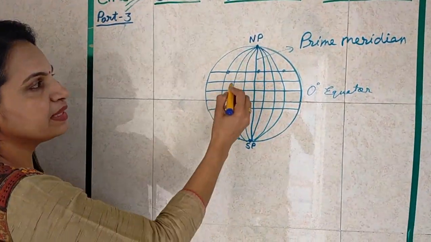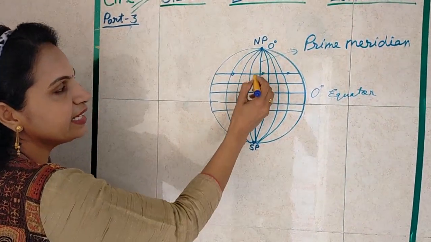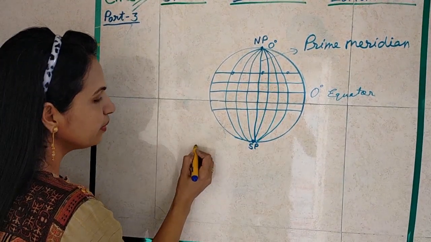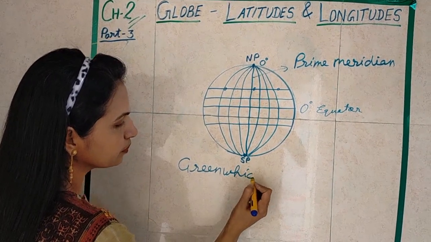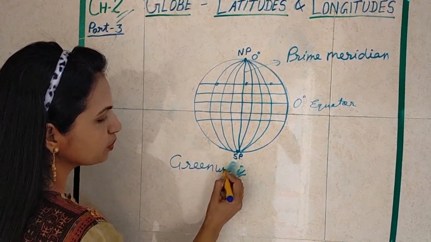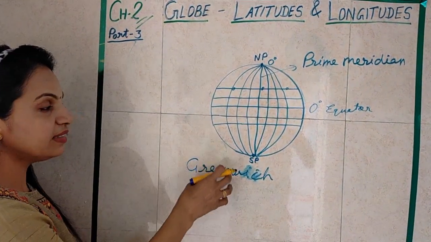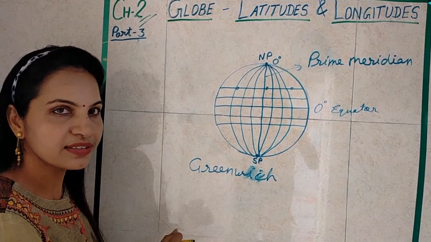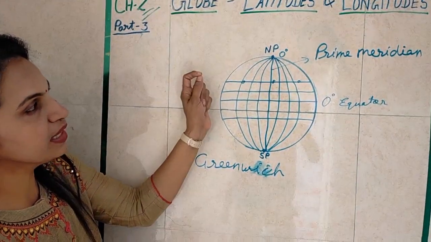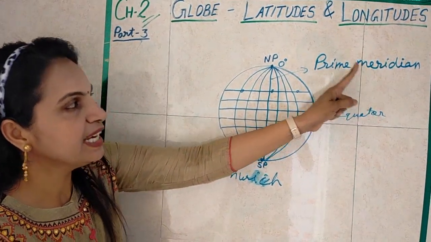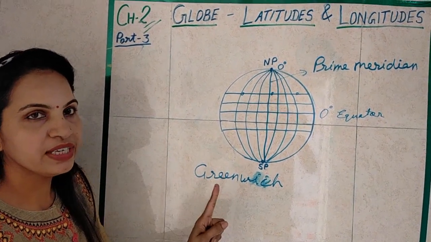This prime meridian has a value of 0°, and it passes through Greenwich, which is located where the London Observatory is located. So that is the main place. Remember, the important 0° longitude is the prime meridian. It is located in Greenwich, where the British Observatory is located.